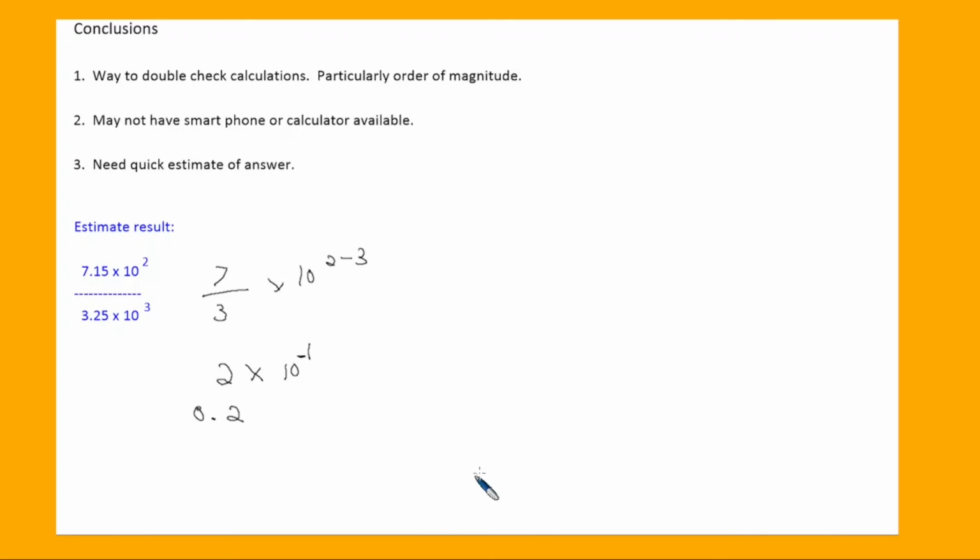Before I started this, I went in and actually used my calculator to calculate these values, and I came up with the real answer. My fingers aren't working well today, excuse me.